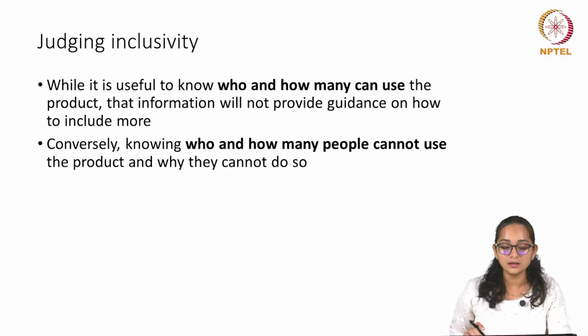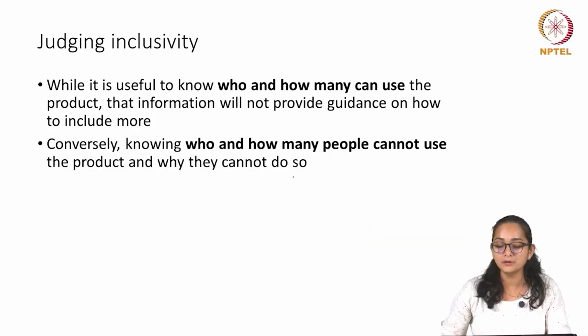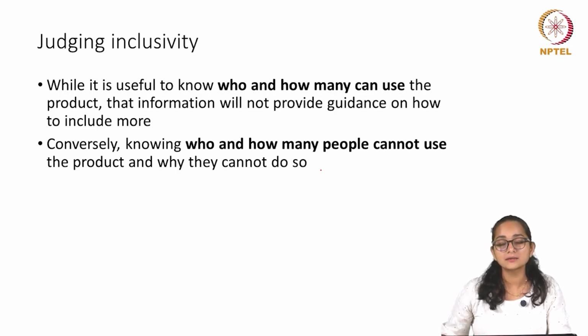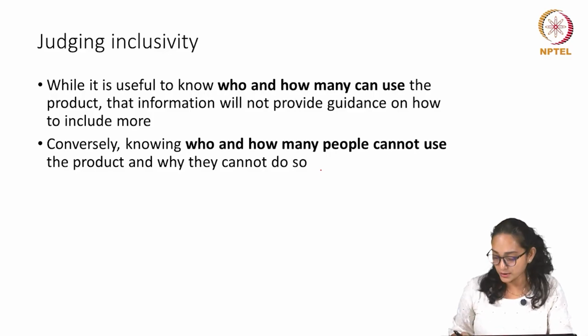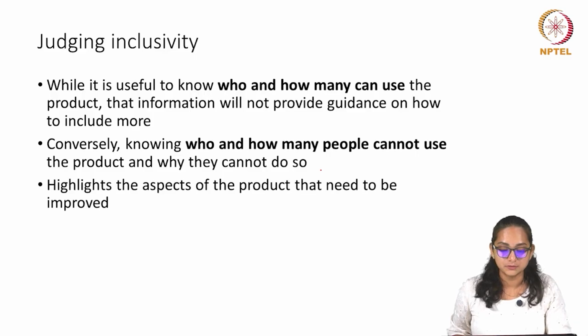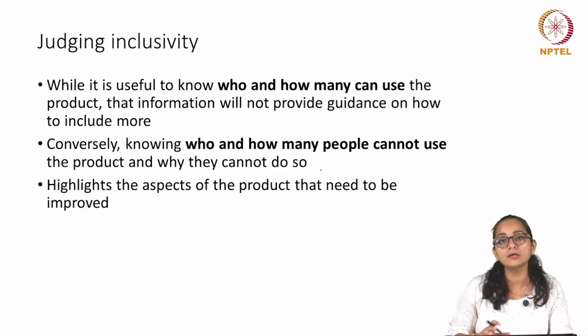So conversely, it is sometimes very interesting to ask for how many people it is not inclusive. Who are those people and how many people cannot use my product? Asking that question, and why they cannot do so, trying to understand the reason for exclusion as well. So this highlights the aspects of the products that need to be improved.